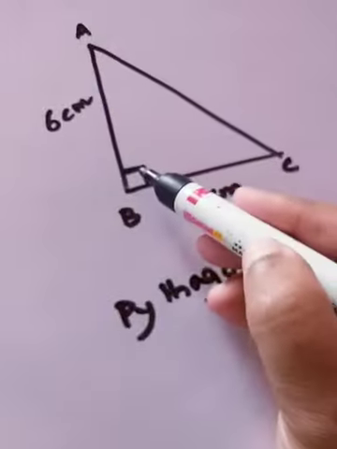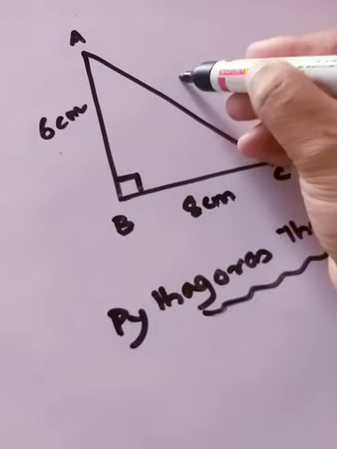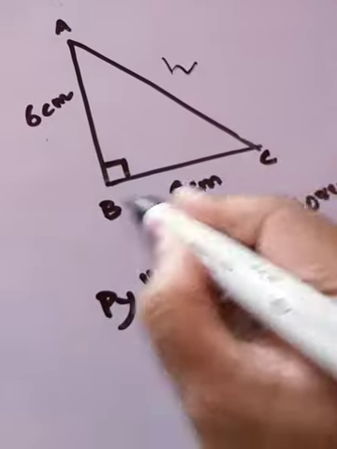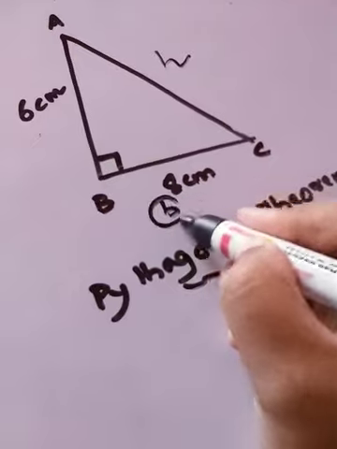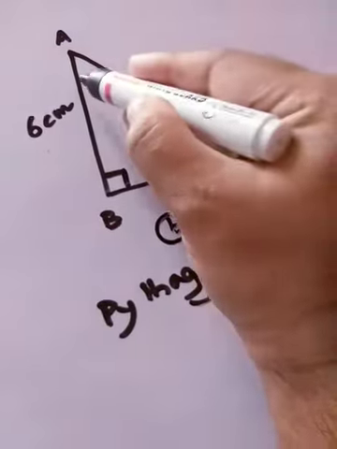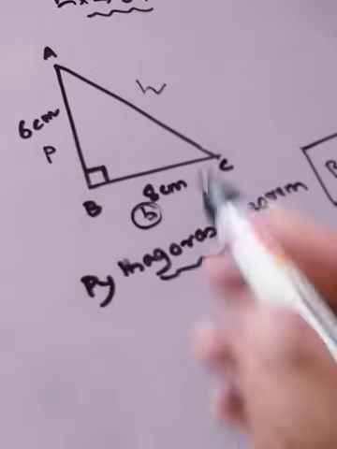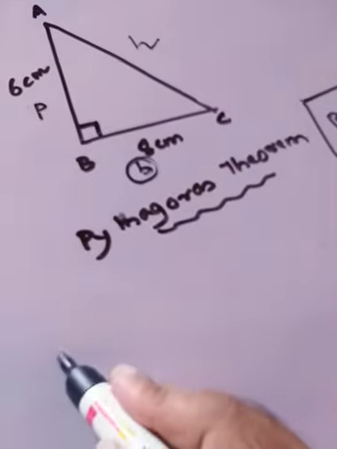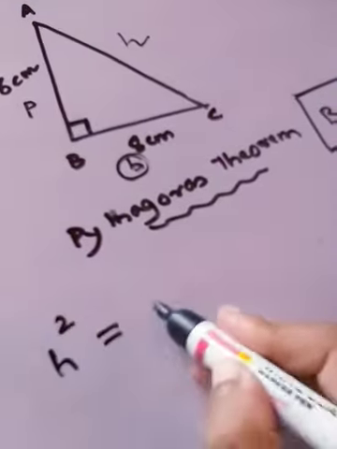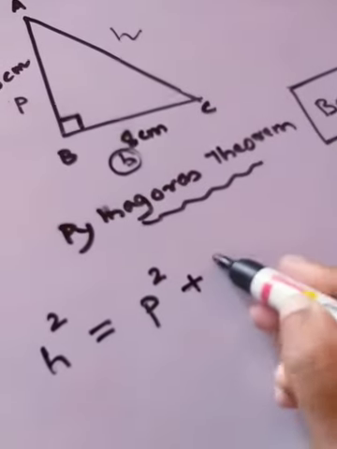Now as you see in the figure, this is 90 degree, so opposite to 90 degree is what? This is H. We'll always consider this as B for your class, because we are not considering any theta, and this will be considered as P. Now according to the Pythagoras theorem, hypotenuse square is equal to P square plus B square.